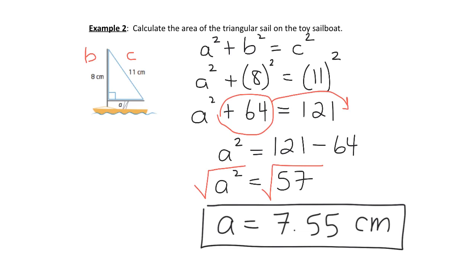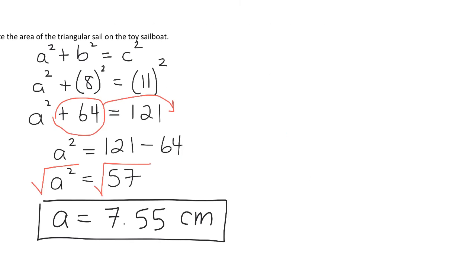And now that we have the measurement for the base of the sail, we can go ahead and calculate the area of the sail on the boat. So again, the formula for area of a triangle is base times height divided by 2. So the base of the triangular sail was the value that we just calculated, the 7.55 centimeters.